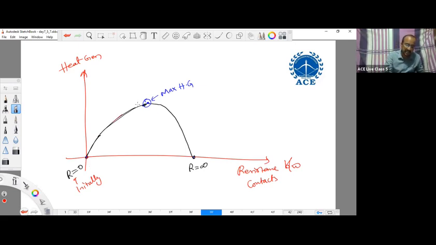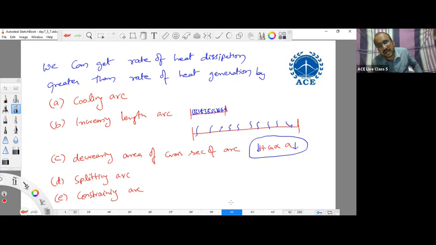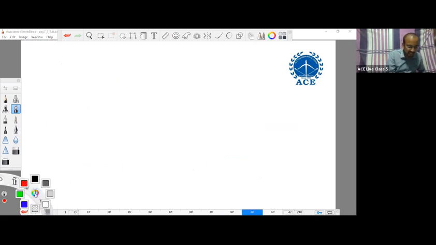As the spacing is increased, the heat generation increases. And when the contacts are finally separated, if the resistance is infinite, again the heat generation will be 0. In between, there is a possibility of maximum heat generation. So if you can dissipate that heat, the arc will be quenched. That can be done by cooling the arc, increasing the length of the arc, decreasing the area of cross section of the arc, splitting the arc, and constraining the arc. So that is about energy balance theory.